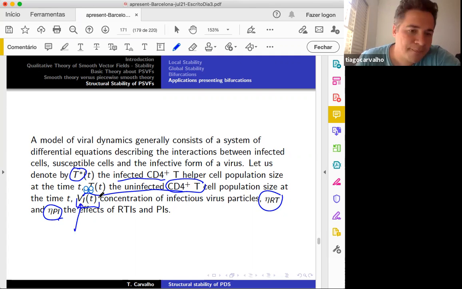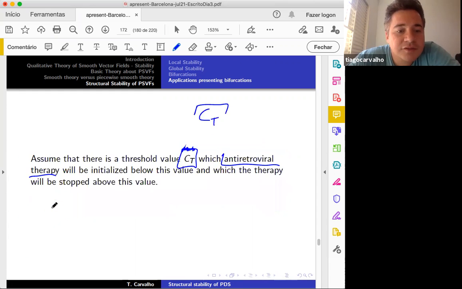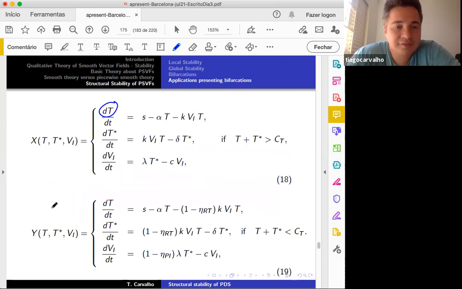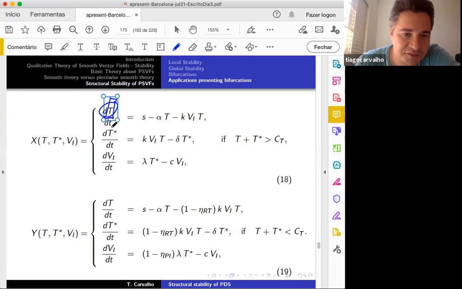Okay, when the cell has so much virus that it has an influence here, we put the cell here and not here. Okay, so this is the meaning of these variables.